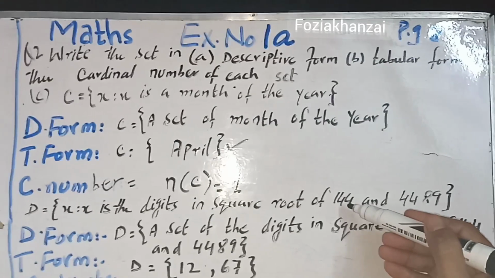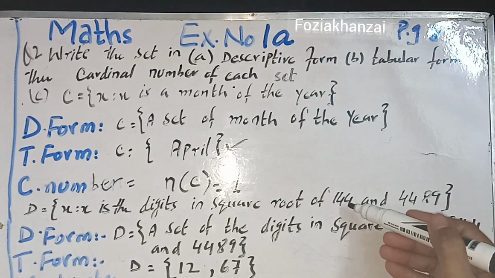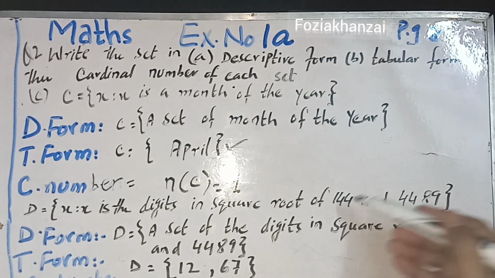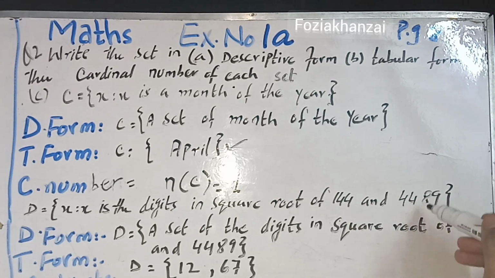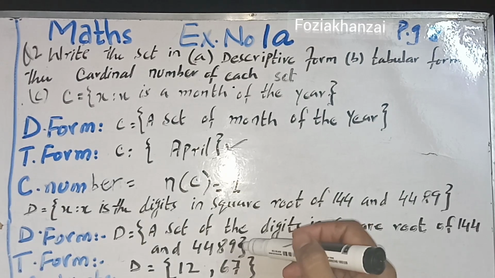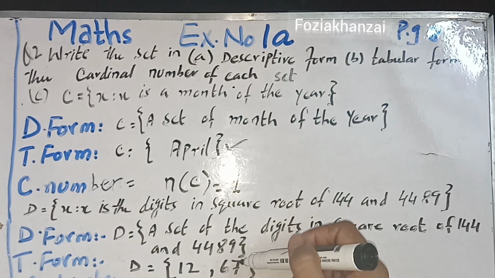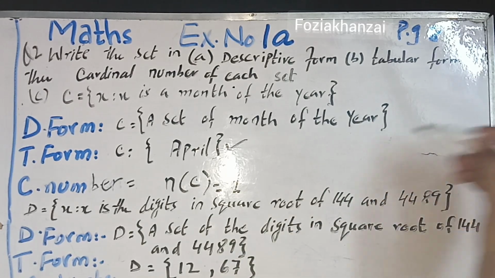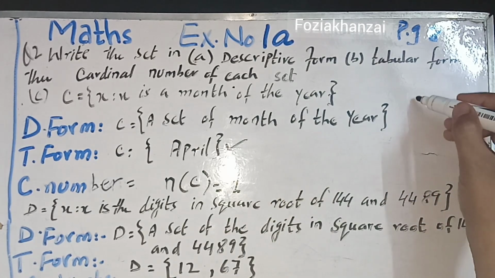We know 12 times 12 is 144, it's very easy. Now the descriptive form: a set of the digits in the square root of 144 and 4489. Descriptive form done.